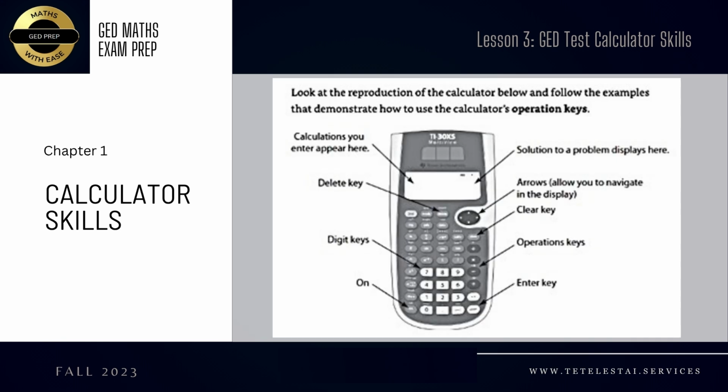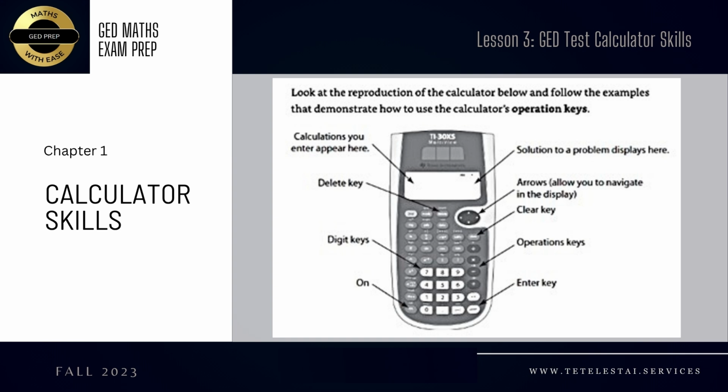Okay, so looking at the reproduction of the calculator below, the arrows kind of show you what's going on and explain the operation of the keys, right? So when you're doing your calculations, they're going to appear here on this side.